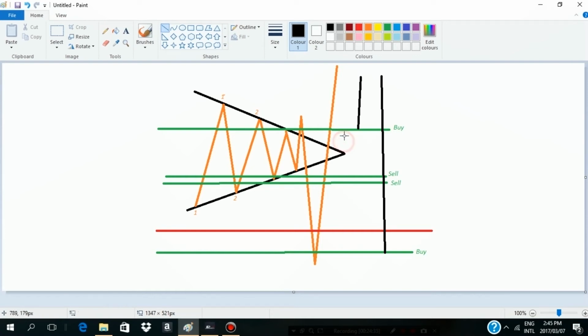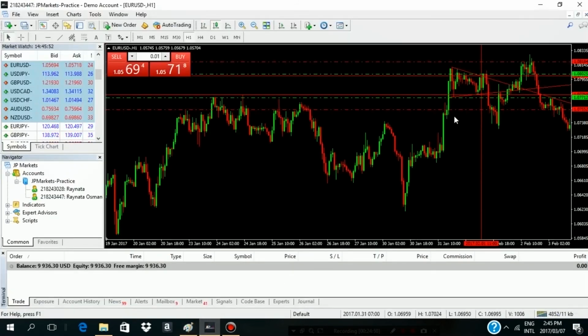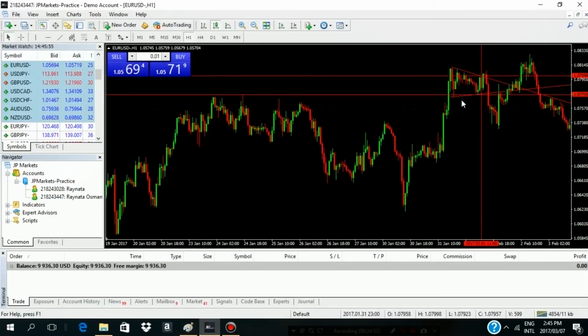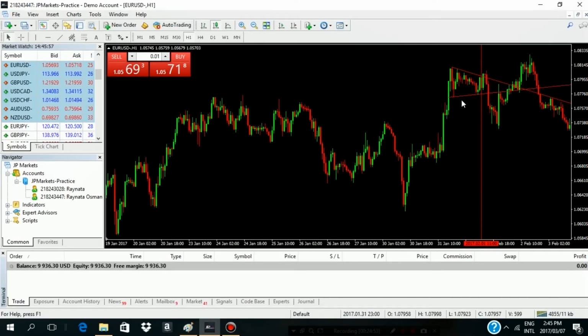Now, you can only do this if you know 100% that this currency pair has a tendency of its triangles failing this way. This is why it is so important for you to backtest and practice plotting these triangles. And be honest with yourself. Would I have been triggered in the market?